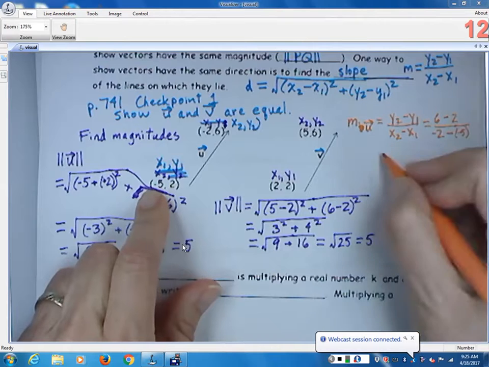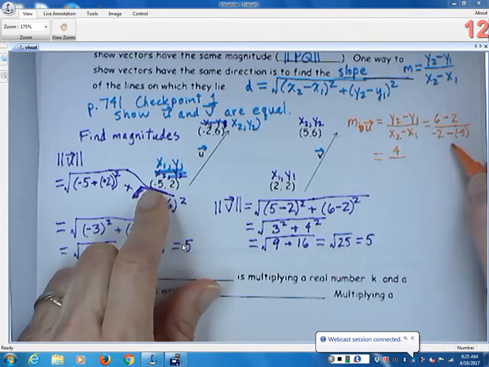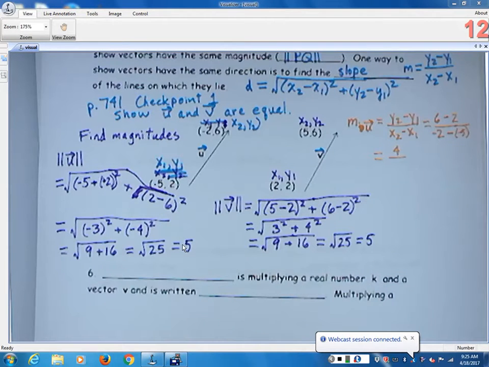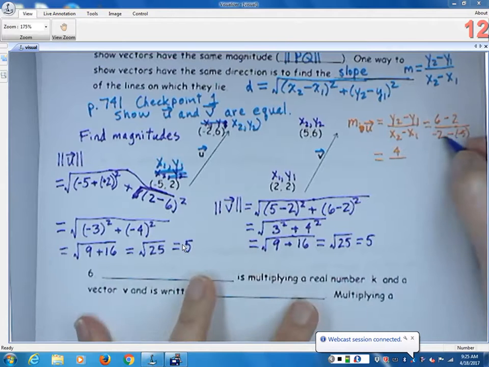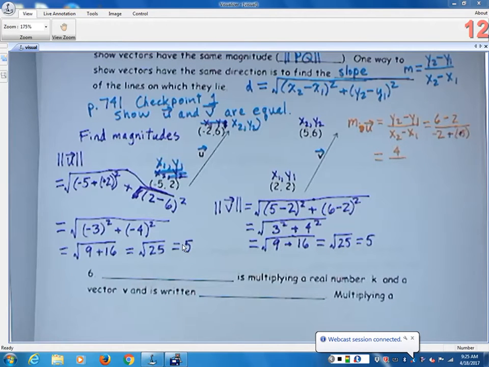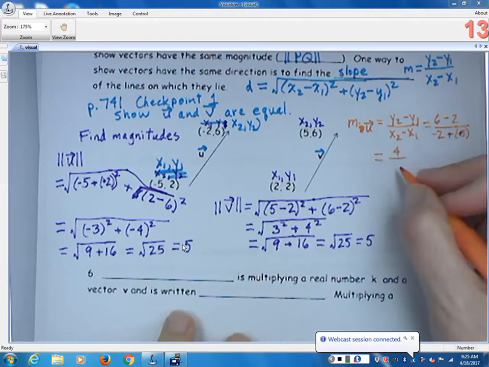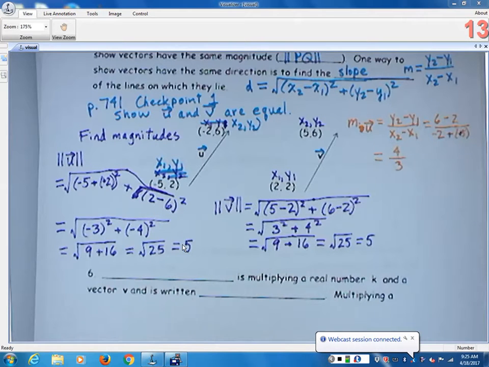So that's 4 over, this is minus and negative, it's plus plus. So that's 4 over positive 3? Oh, positive 3, yes. Thank you. Okay. Negative 2 plus 5 is positive 3. So the slope of u is 4/3.